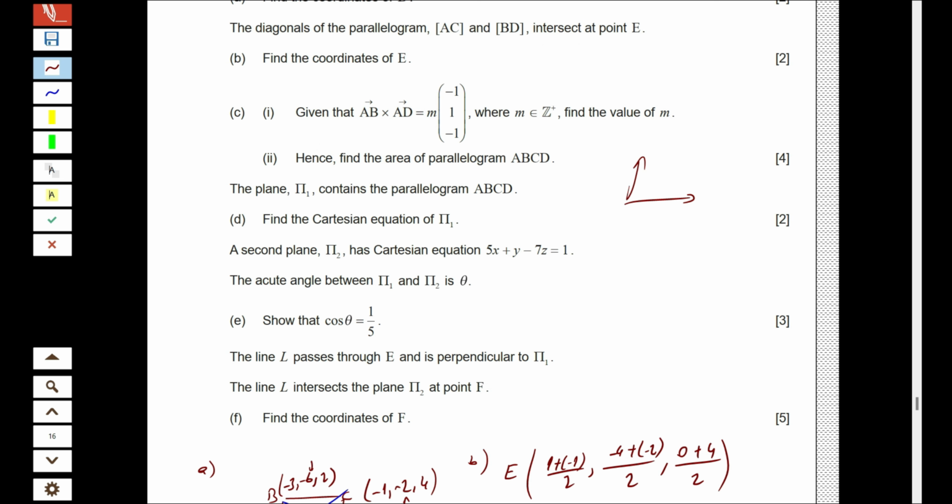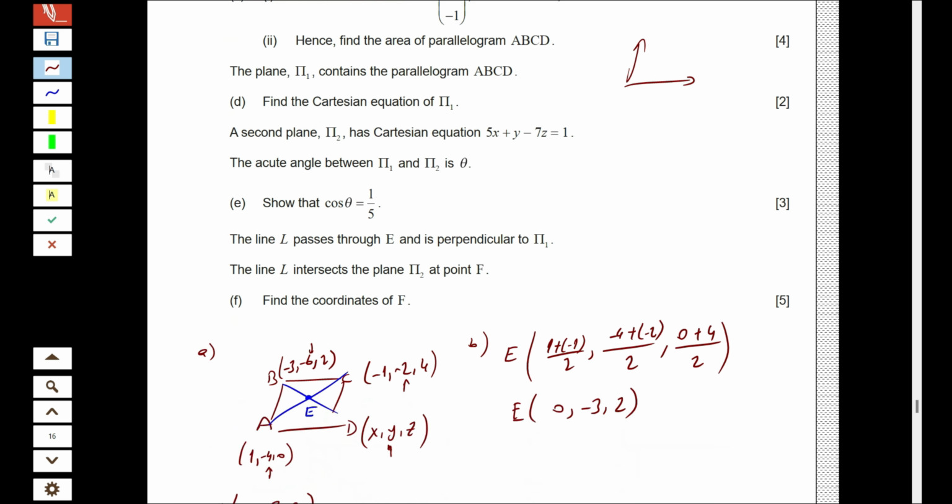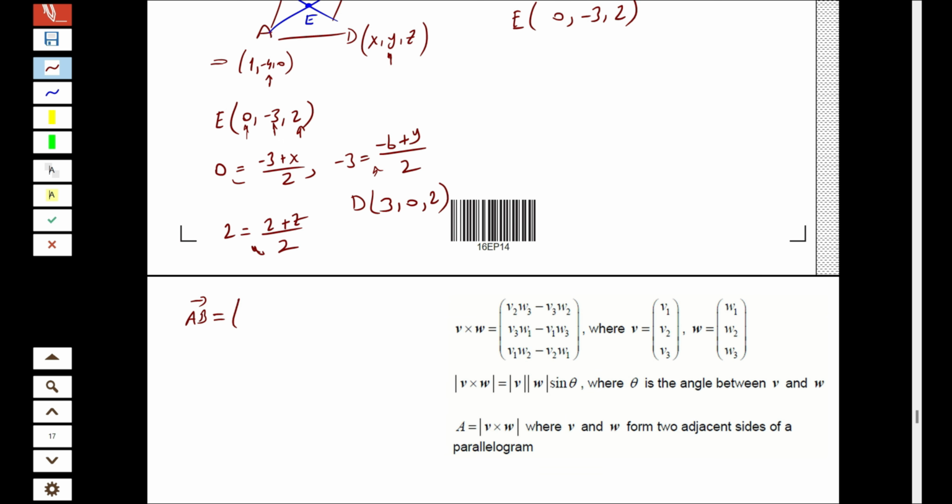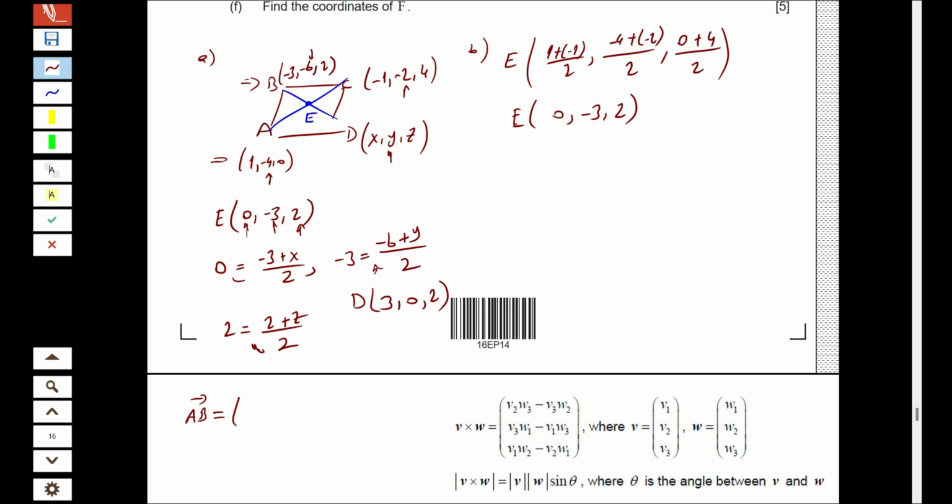So our vectors are AB and AD. Let's first find AB. Yeah, I put A and B in here. So the AB vector will be -4. For the y coordinate, you take the y coordinate of B and subtract the y coordinate of A. It's going to be -6 plus 4, which is -2.